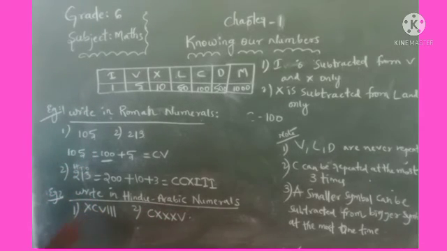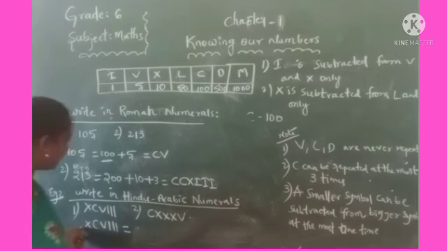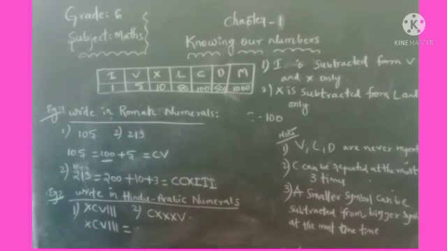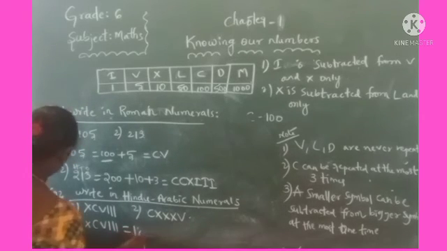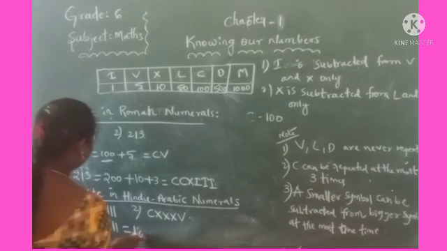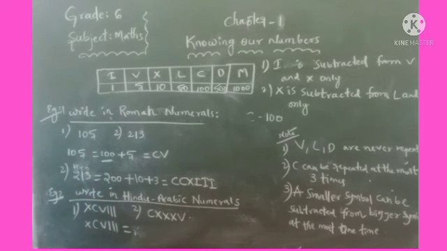See here, first problem XCVI. So what is the Hindu-Arabic numeral for X? X value is 10. Very good. So we can write this one. We can expand this one also.